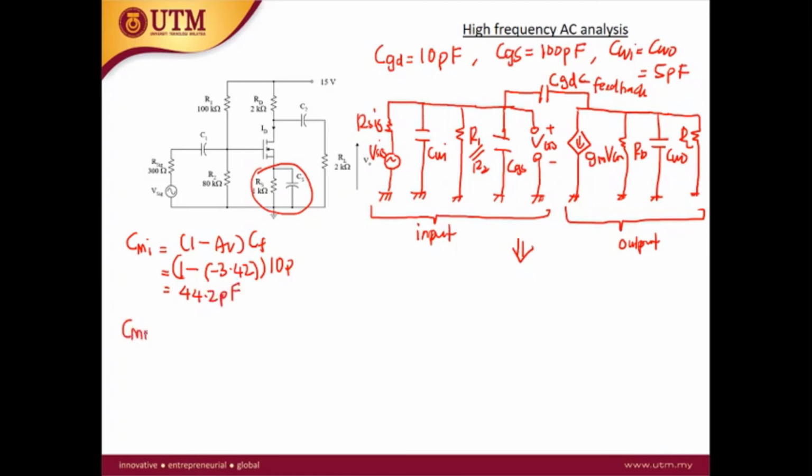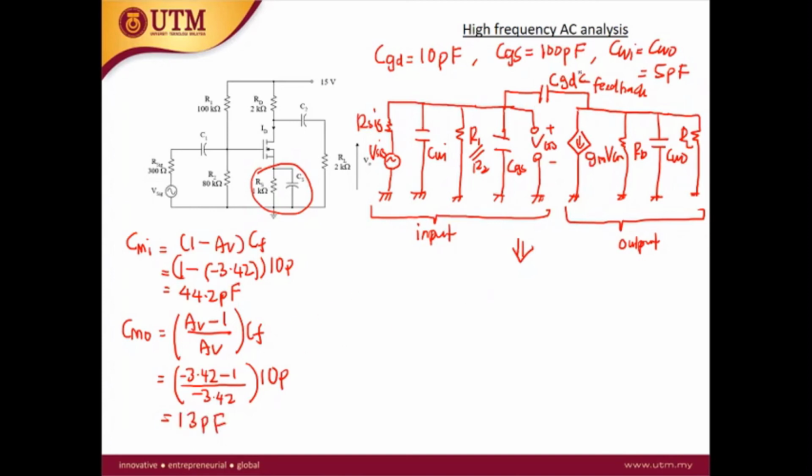For the CMO, this is AV minus 1 over AV times CF: minus 3.42 minus 1 over minus 3.42, times pico, will give you the value of 13 picofarad. So we have the CMI and CMO.